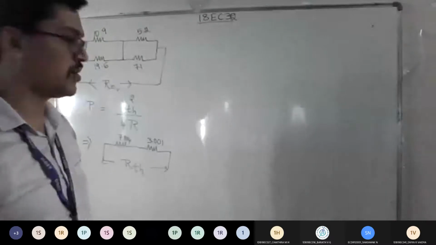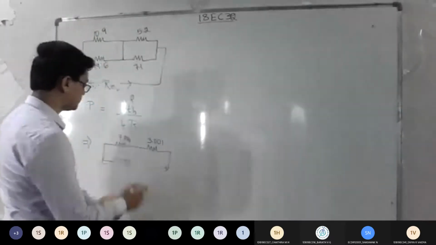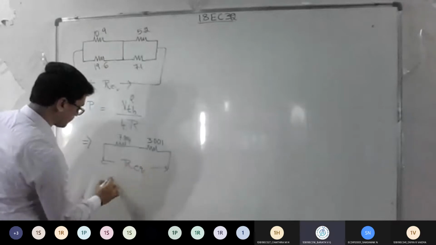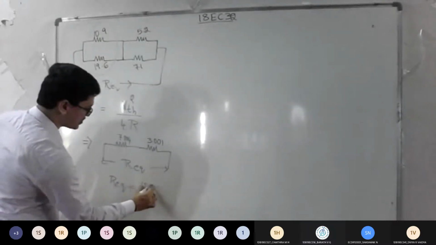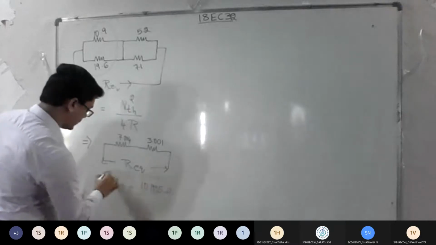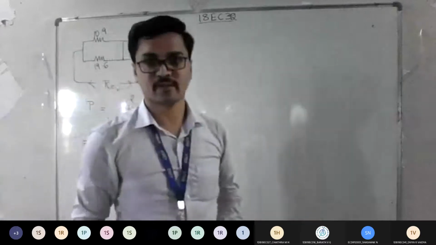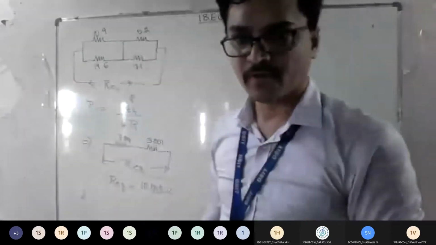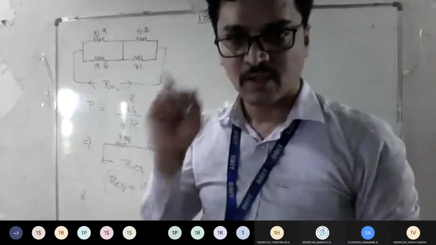So now tell me, what is R equivalent, RTH, equal to? 10.005, sir. So you found R equivalent as 10.005 ohm. Don't forget to write the unit. Out of what we are supposed to find, we have found the first one, that is your R equivalent. So now how do we find your R?